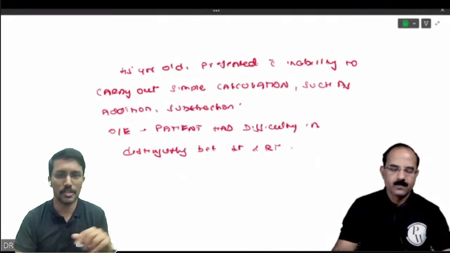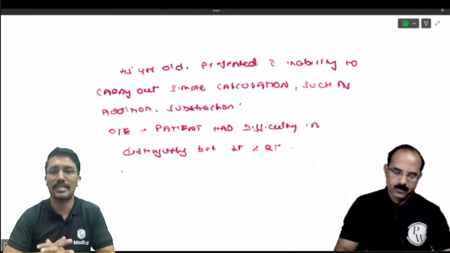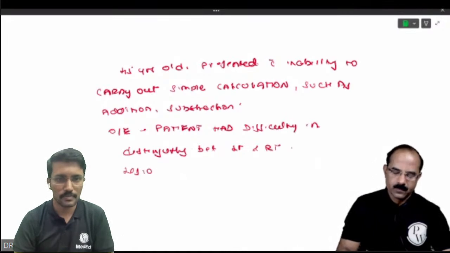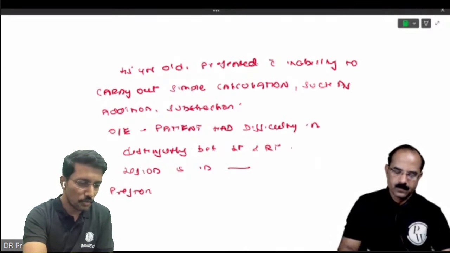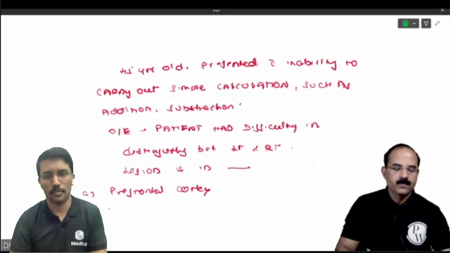Where is the lesion so that the patient develops this cluster of symptoms? So guys, what is this syndrome? I introduced this syndrome to you a couple of minutes back. So what is this syndrome?